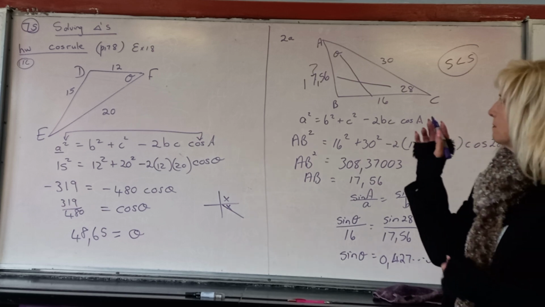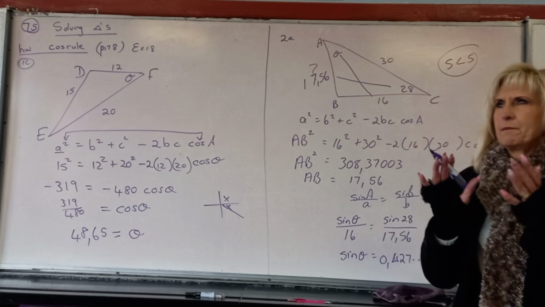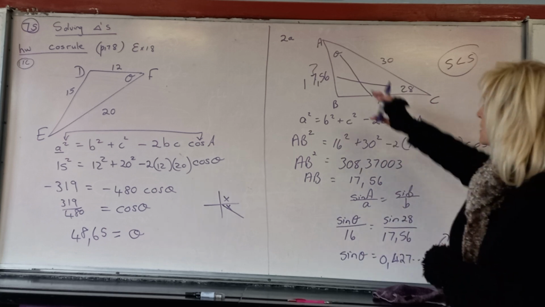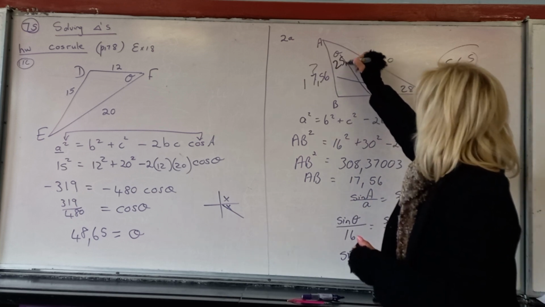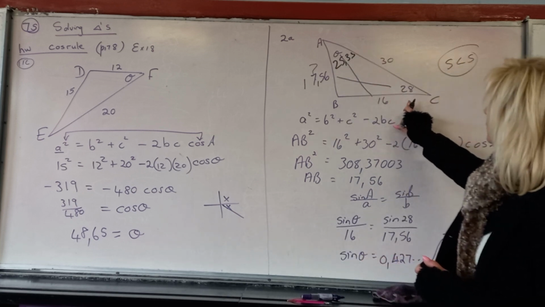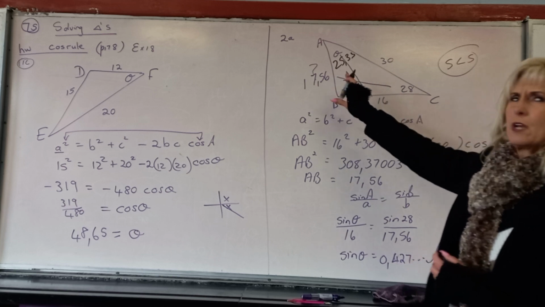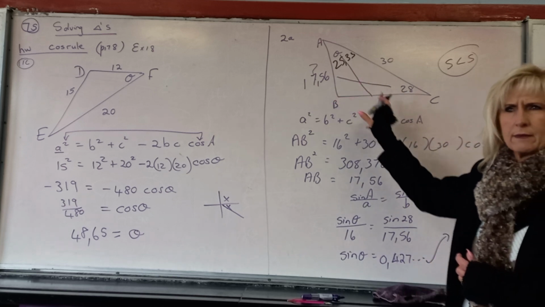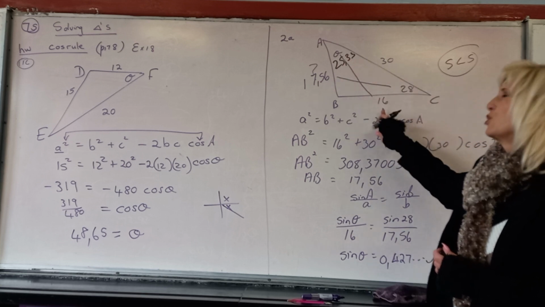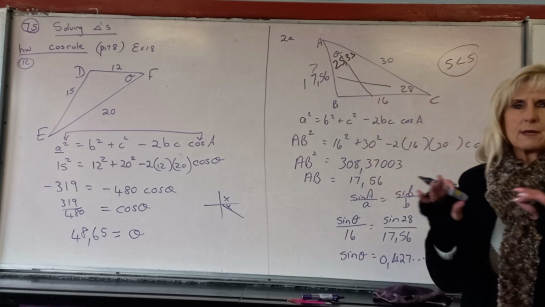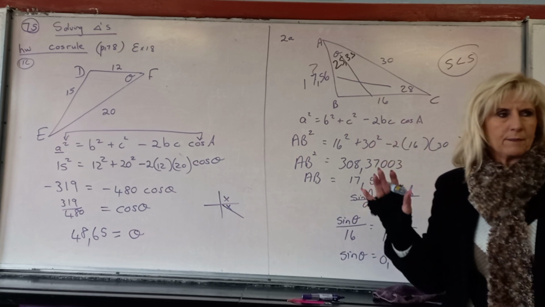Let's think about this. Is it even looking approximately correct? So if this is 25, this was 28 degrees, 25 degrees. It's not a lot different, do you agree? So that means that those 2 sides shouldn't be too much apart as well. I'm speaking generally.